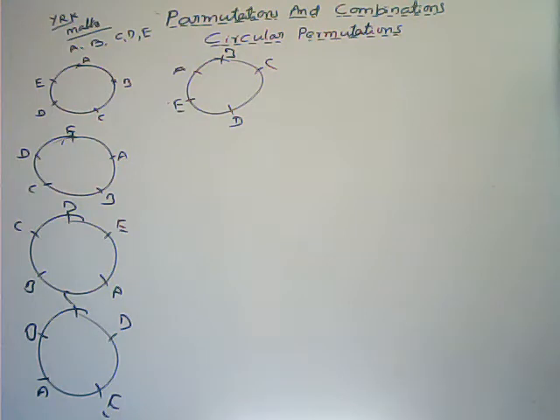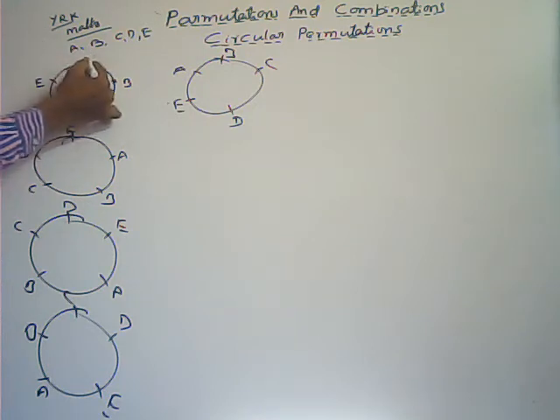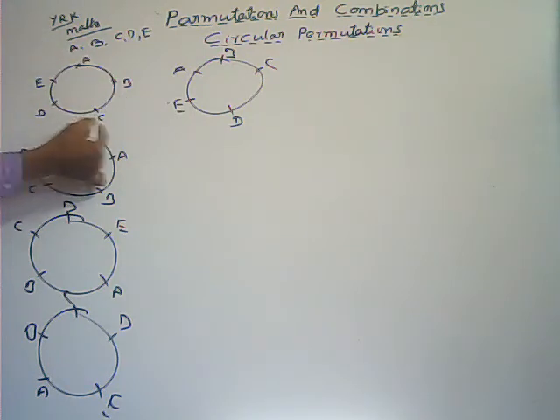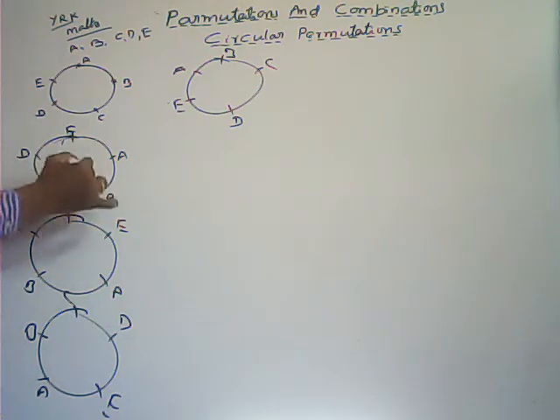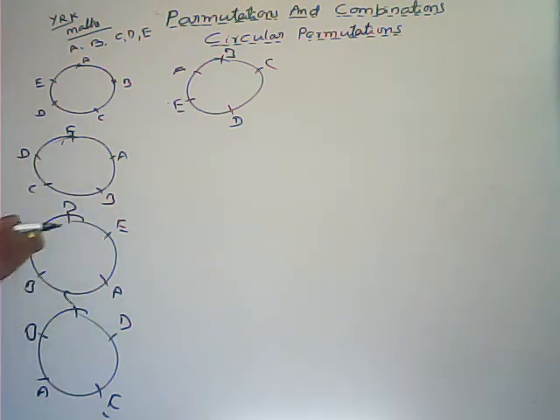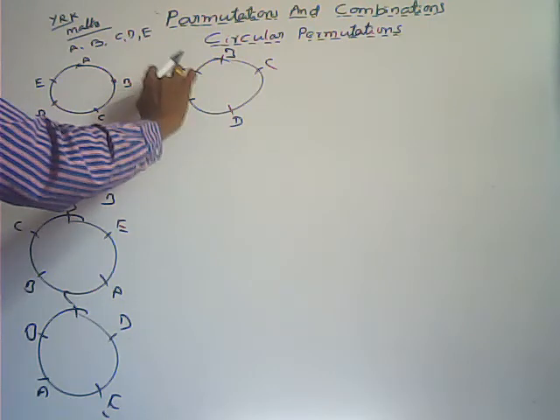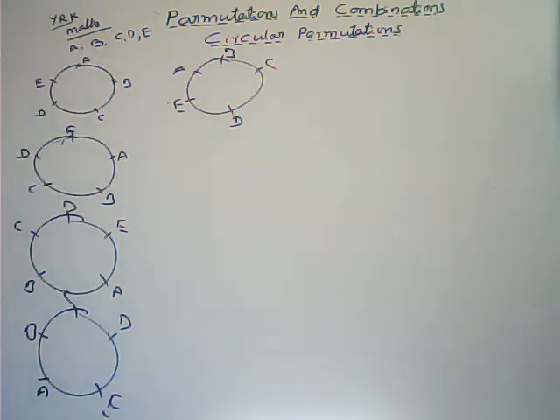What I have done is simply shift the letters from one place to another place. A comes to this place, B comes to this place, C comes to this place, D comes to this place, E comes to that place. Like that, everywhere, all these letters jump to the next place only. Now, if I shift the letters, we get the same thing only.